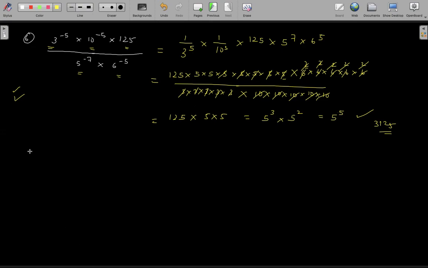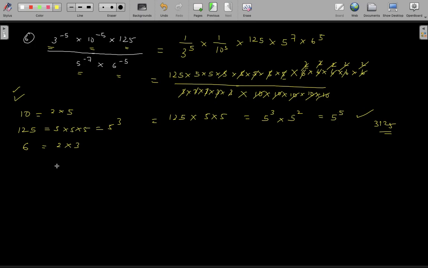The second method is by using prime factorization. The first composite number that I have here is 10. 10 is 2 times 5, the product of its prime factors. 125 is 5 times 5 times 5, or I can simply write it as 5 cube. And 6 I can write as 2 times 3, the product of prime factors. Now I'm going to replace 10, 125 and 6 by these values.